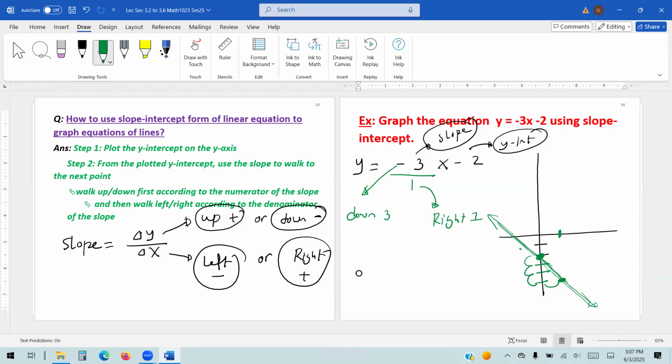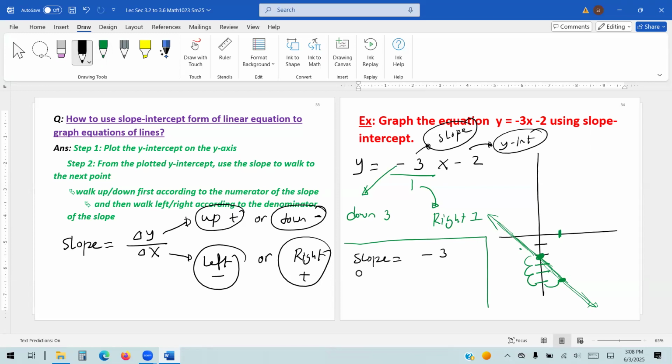And isn't having the negative on the y affecting x? So we were given our slope was -3. What I did, I put -3/1, so the negative went to the numerator.